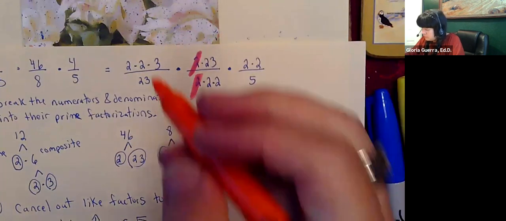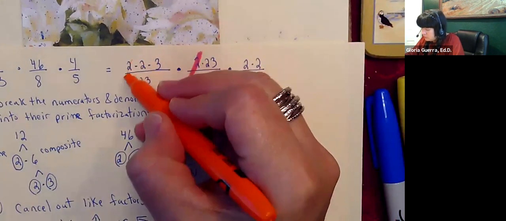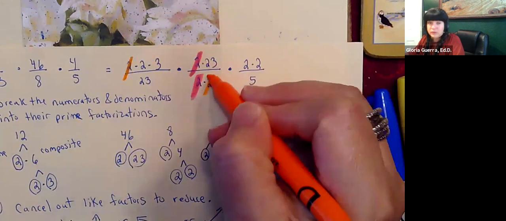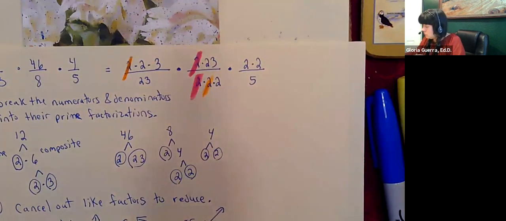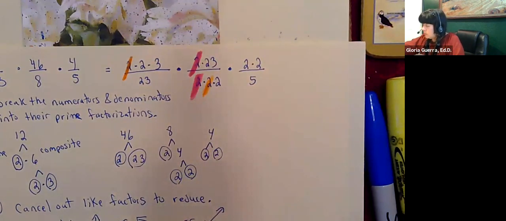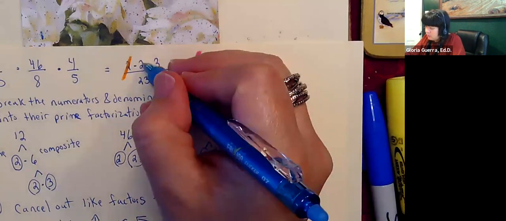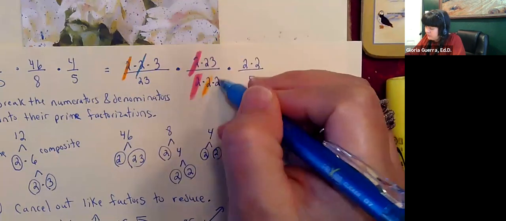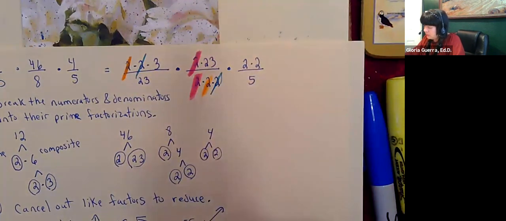So for example, this 2 and that 2 cancel out. 2 goes into 2. And this 2 and this 2 can cancel out. These are like factors.